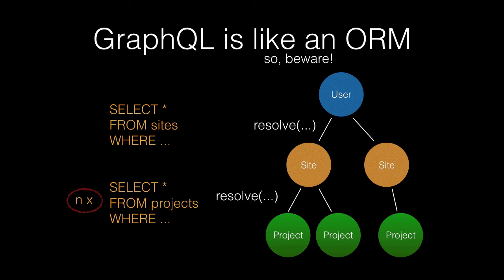I asked a question in the forums, and some developer told me that in the third parameter you get a lot of goodies, including the AST of the query. So you actually have access to the parsed version of the query, and by the time you do this resolve, you can figure out that you're going to ask also for the projects.